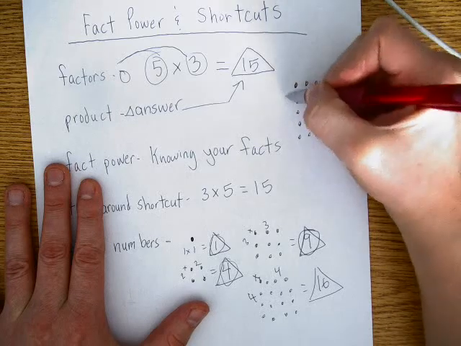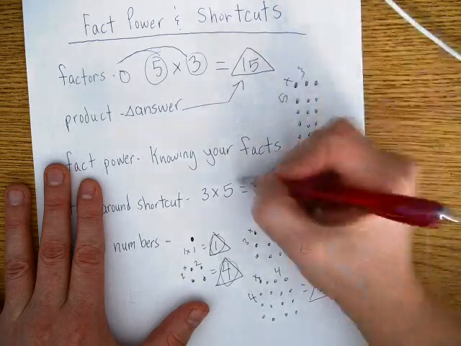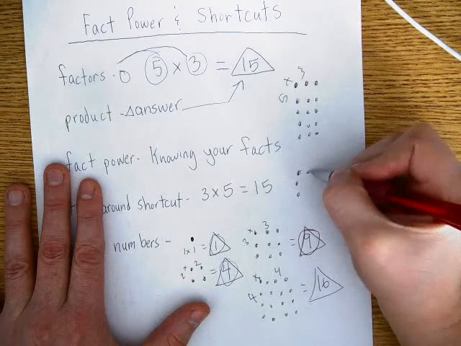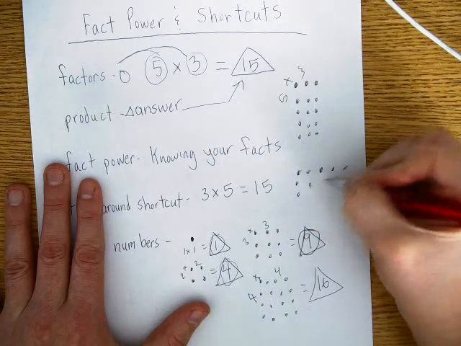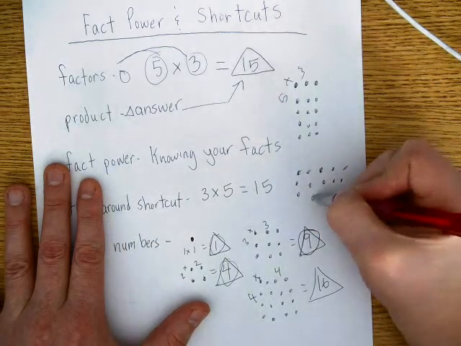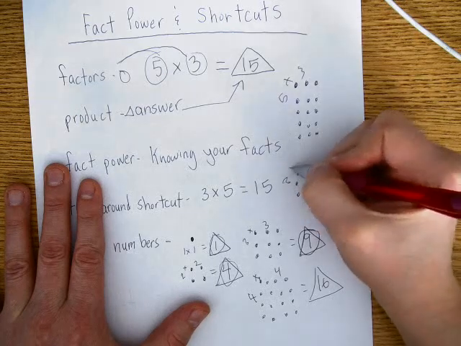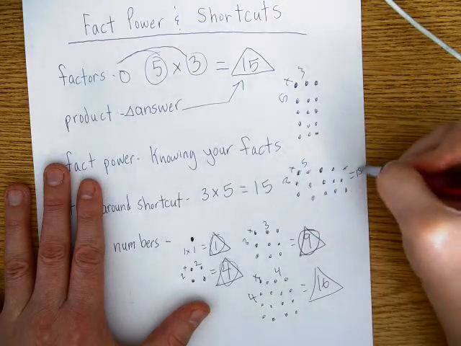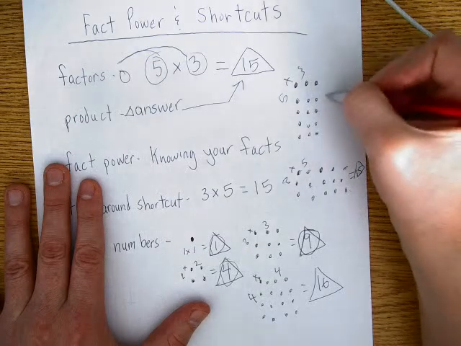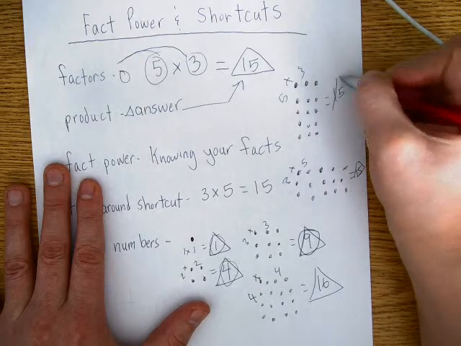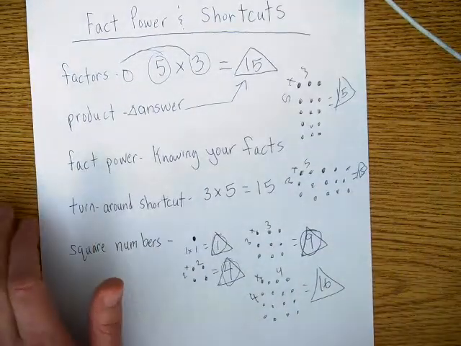We want kids to know that is the same as 3 times 5, and we want them to be able to draw arrays to show that. No matter which way we do it, the product, the answer for each, is going to be 15. There will be 15 dots in both of those.